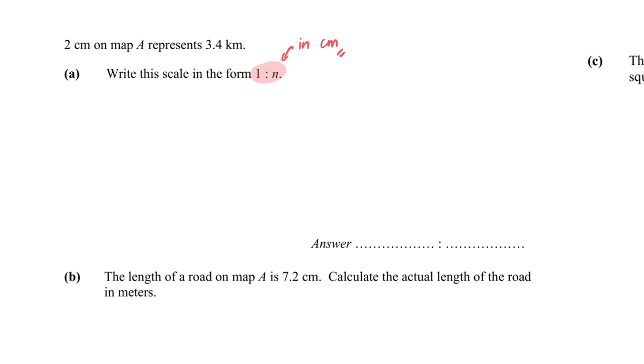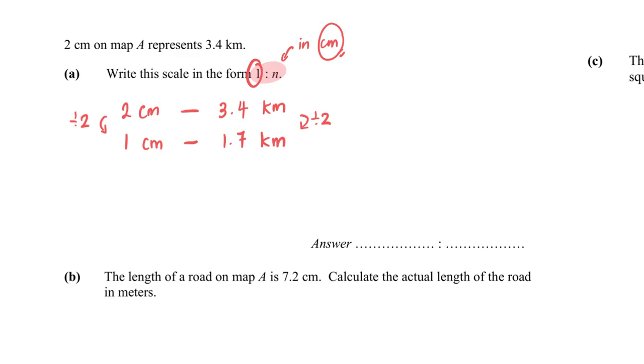We will have 2 cm representing 3.4 kilometers. Since we need to get it to 1, I'm going to divide by 2, divide by 2. And the last step is, of course, to convert this 1.7 kilometers into cm.